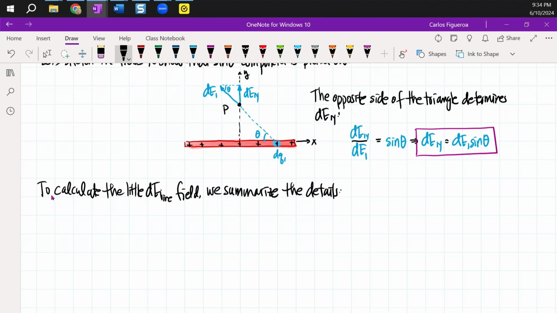So here we go. I have dE line has to be 2 times dE1y. But from our previous calculation, this is dE1 sine of theta. Now if I start to look at the details here, the magnitude of the little dE is, of course, 4 pi epsilon r squared d cubed. But I have that sine of theta.